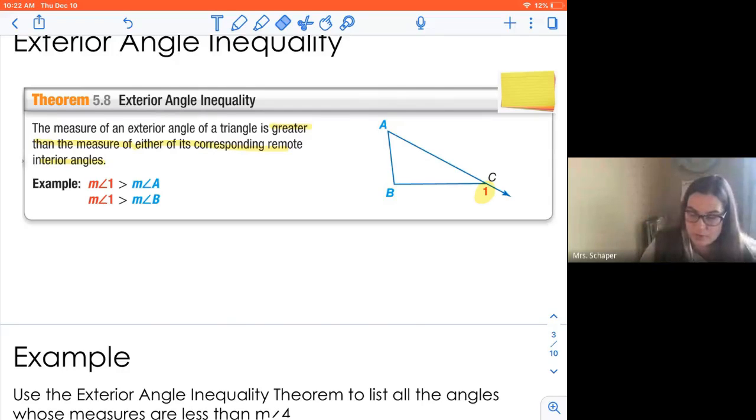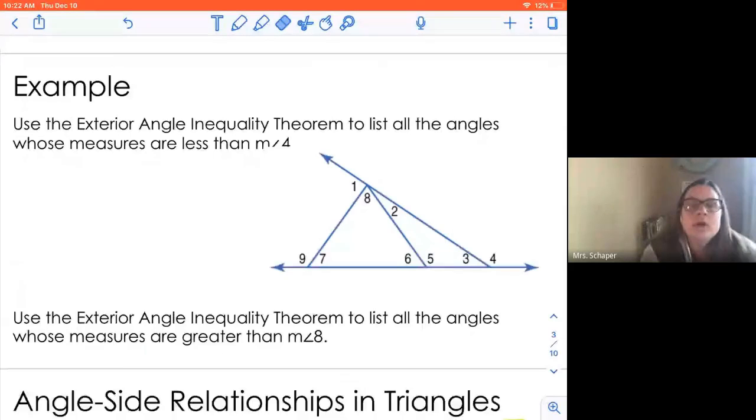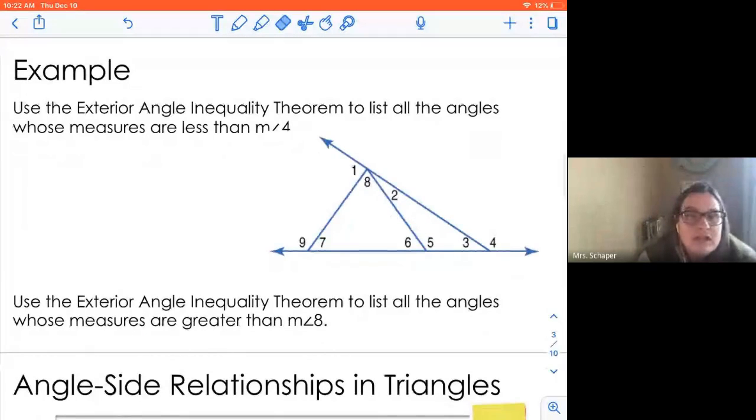Okay? So look at this picture. We're going to use the exterior angle inequality theorem to list all the angles whose measures are less than the measure of angle 4. So 4 is what we're starting with.